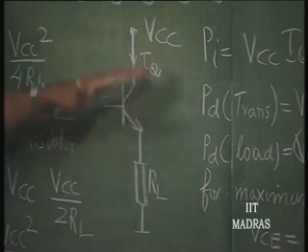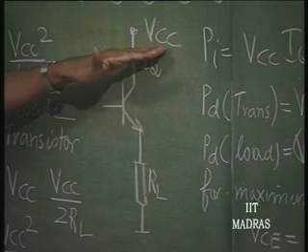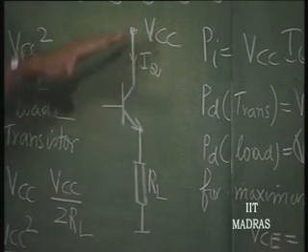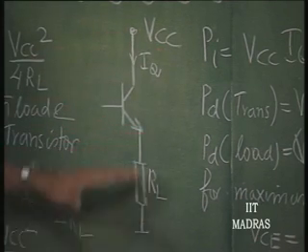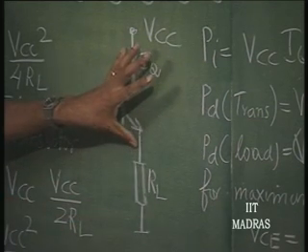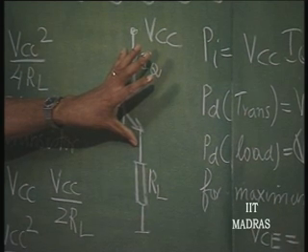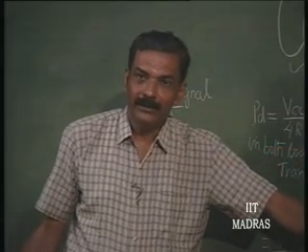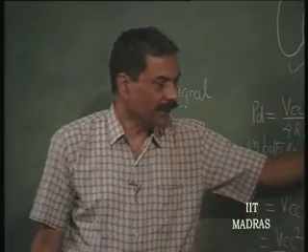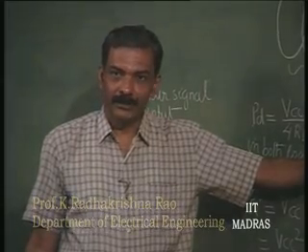At that time 75 watts is still dissipated in the circuit, goes waste, out of which earlier 50 watts was getting dissipated here, and that 50 watts continues to be dissipated, then this is going to dissipate further DC power of 25 watts. This 25 watts which was earlier getting dissipated as DC power is getting converted into AC power. So, that is why this active device is responsible for converting the DC power into AC power.